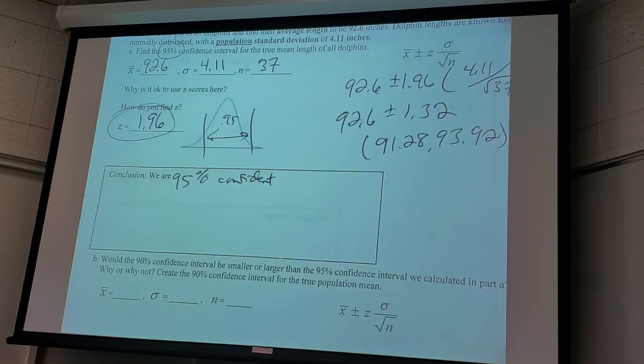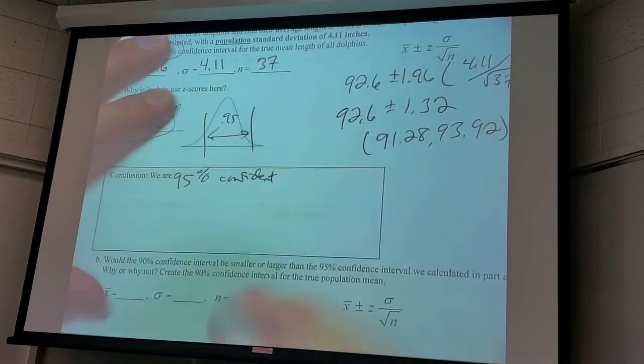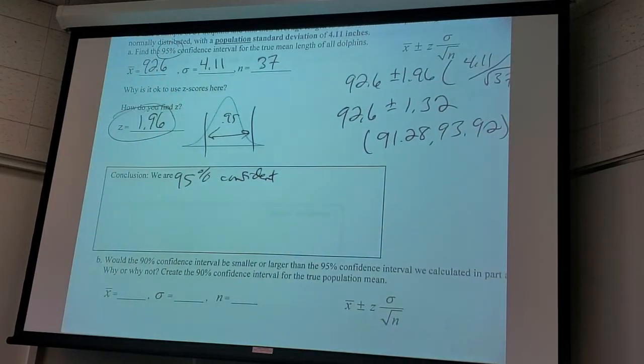This isn't just semantics. We are 95% confident that the interval we created, now careful, don't start writing it. Just listen to me for a second. That the interval we created catches the real mean. Okay, let's write.